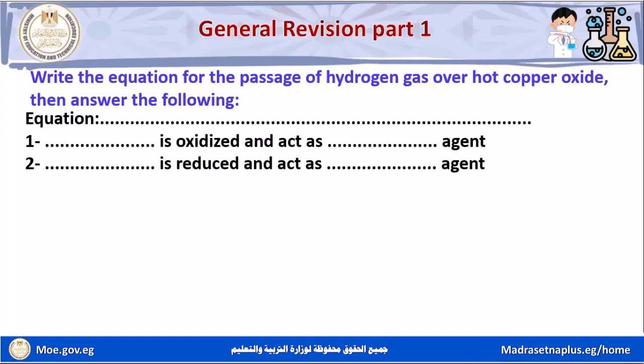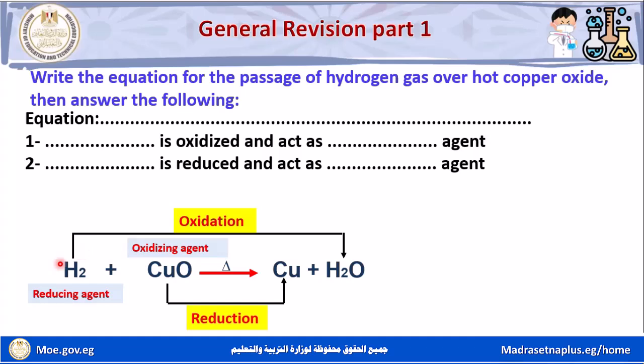Its equation: hydrogen is oxidized and acts as reducing agent, while copper oxide is reduced and acts as oxidizing agent.